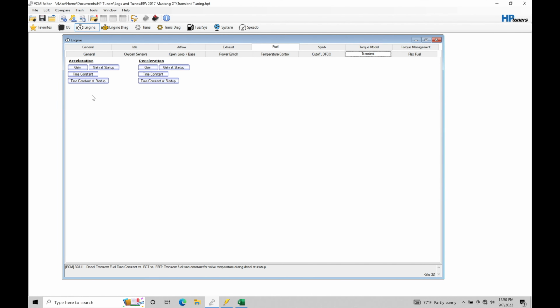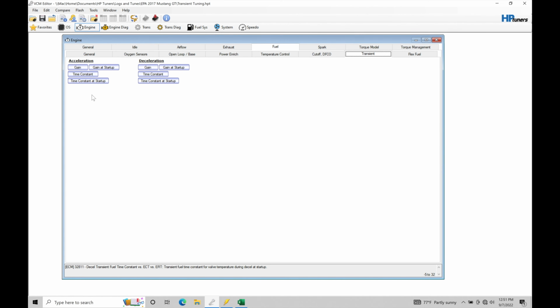Now we know we have our speed density calculations that are going to be inferring or calculating the air mass in the situations where the mass airflow sensor isn't accurate. So in the transient, the base pulse width, or the pulse width that we're trying to calculate to send to the injector, is coming from our speed density inferred airflow calculation.